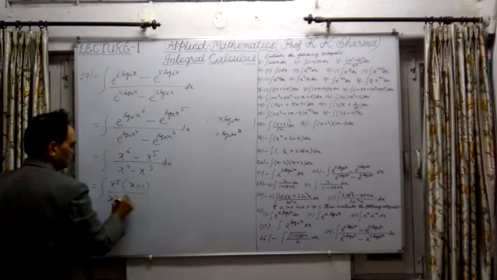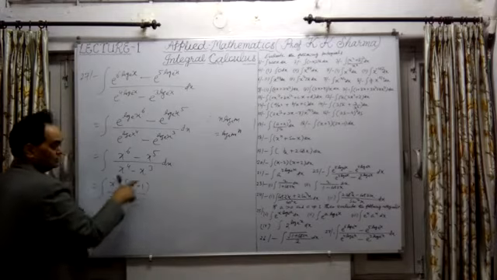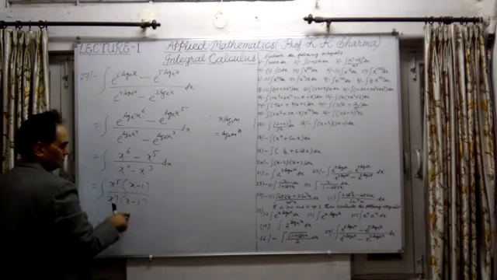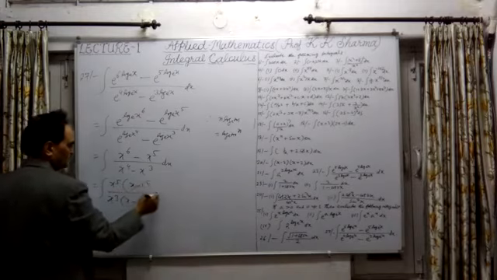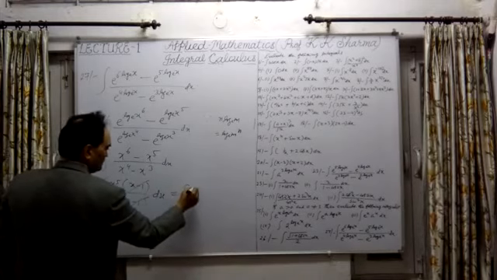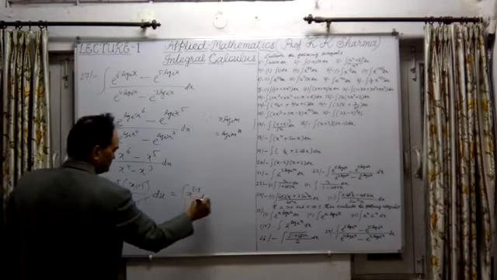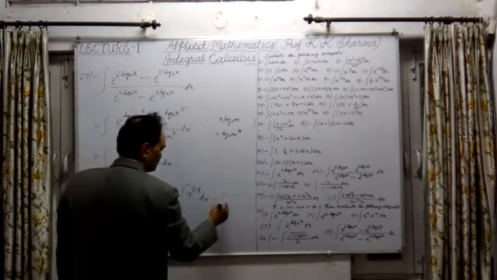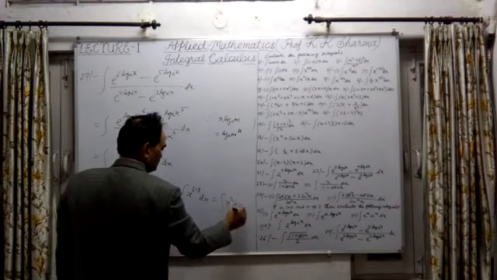In the denominator we have taken x cube common, so only x minus 1 is left. Similarly x5 common, this cancels out into dx. This is equal to x raised to power 5 minus 3 into dx, that means x square into dx.